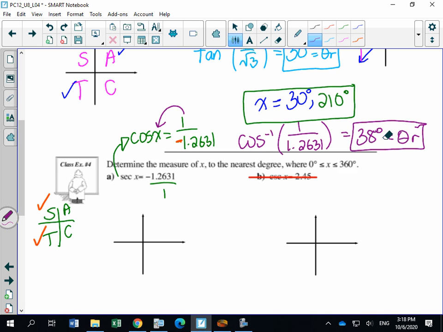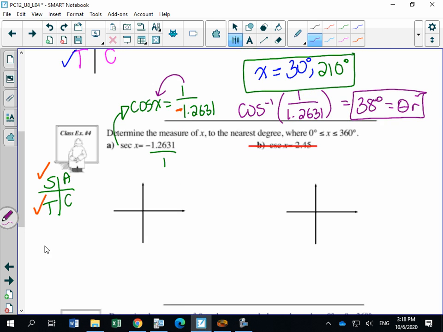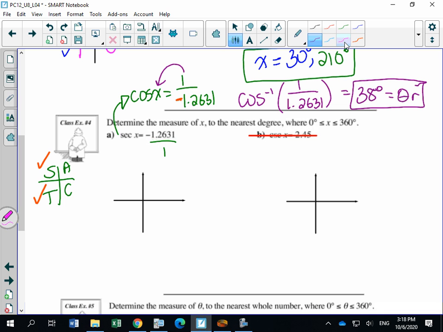What they're asking for is the two rotational angles. So they essentially want what x is. We have two different answers. One answer is going to be in quadrant 2 and one answer is going to be in quadrant 3. So in quadrant 2, I need to put a reference angle of 38 degrees. And that would be my acute triangle.